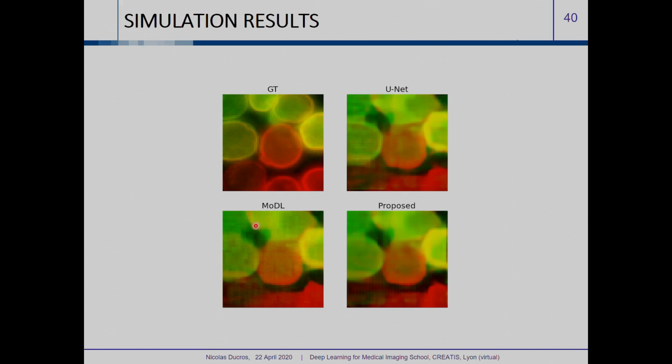It's a model-based deep learning network, which is basically an unrolled network that was proposed for magnetic resonance imaging. And this is the proposed network, so as you can see it compares nicely with the other two approaches.